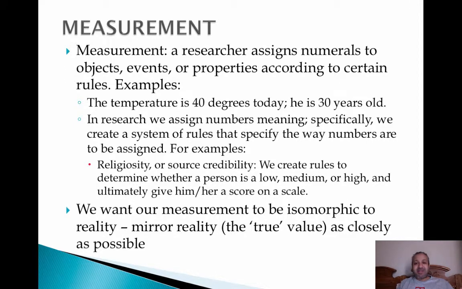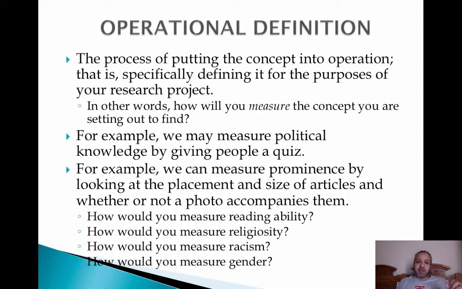We develop basically a system of rules, and then we can measure, and we give numbers. We have scores associated with these things. Okay. We want our measurement, whatever measurement we set up, to be isomorphic to reality. That means we want it to be as close to the true value as possible. Okay.